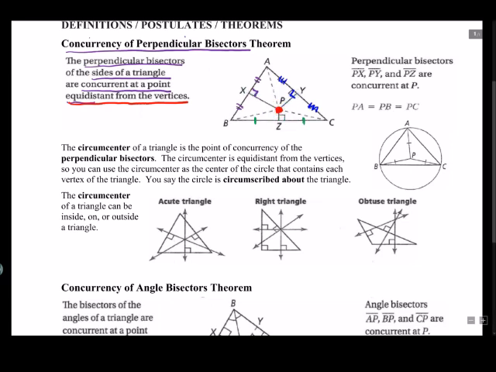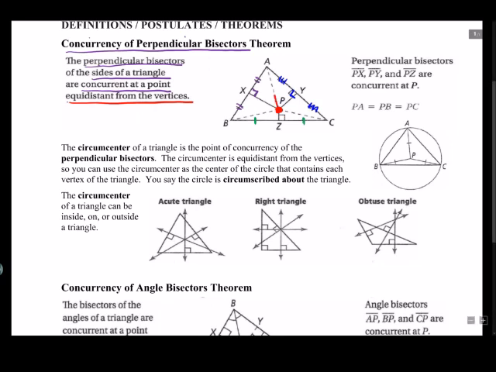All we use the perpendicular bisectors for is to find this point of concurrency. And then what's special about this point is that it is equidistant from the vertices.